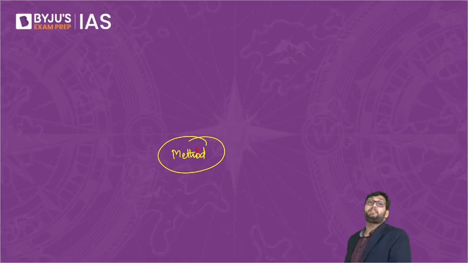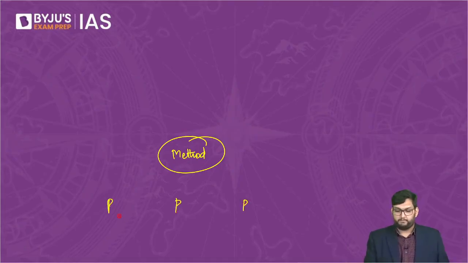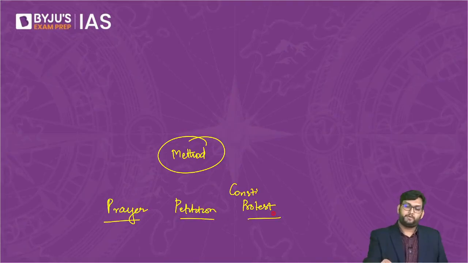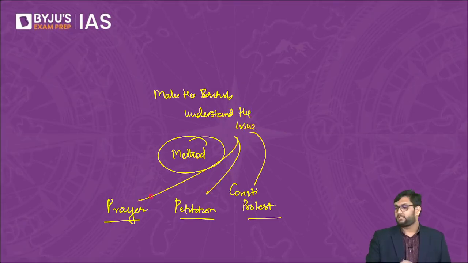And how will we tell them? Via what is called PPP. Prayer, petition, and constitutional protest. You first make the British understand the issue, and we will then use the three.